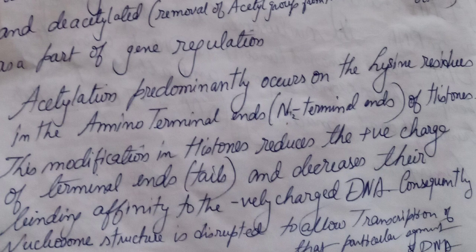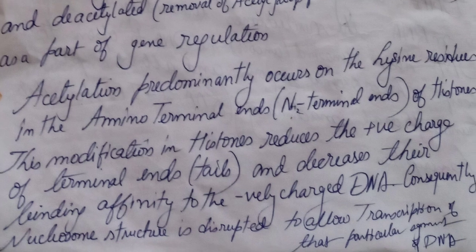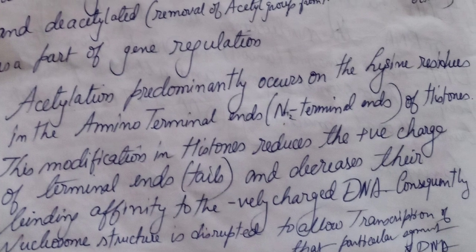This modification in histones reduces the positive charge of the terminal ends. Let us see why. This is the main important thing. Acetylation mainly occurs on the lysine residues found on the amino terminal ends of histones.